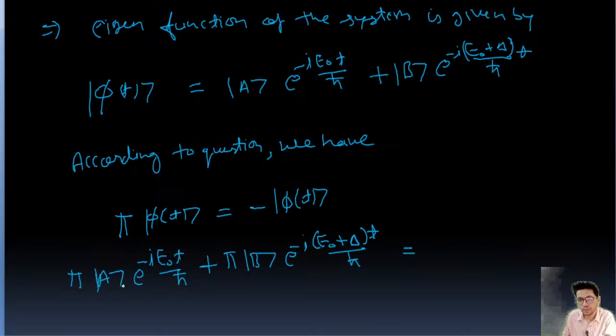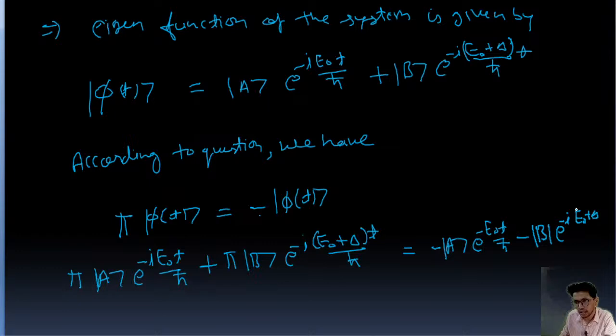We are operating this with pi, so this is going to give minus phi, according to this, because parity is minus 1. So this is going to be minus A e to the power minus i E naught t, minus B e to the power minus i E naught plus delta t upon h cut. Now we know that if you operate with pi, the parity operator, it changes state A into B, right? This is given in the question, so we can write it in the next step.